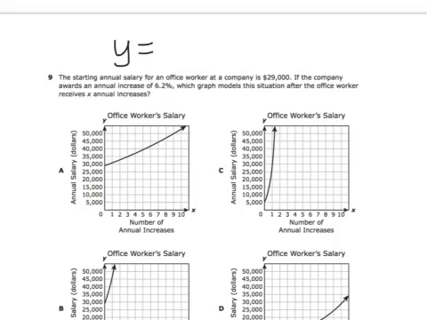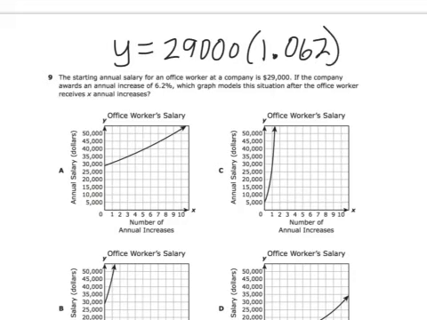It's going to be y equals his starting salary amount, $29,000. And since it's an increase, it'll be 1 plus our rate of increase, so 1.062 raised to the power of x. That's our standard exponential rate of growth.